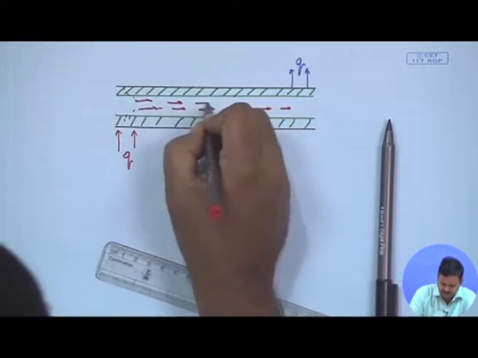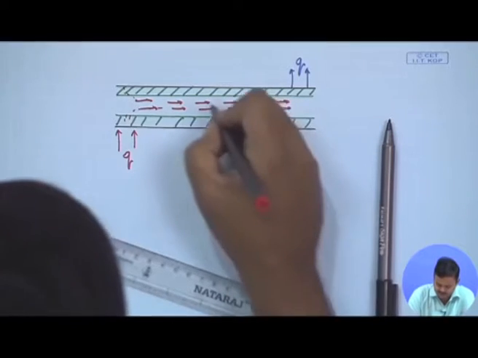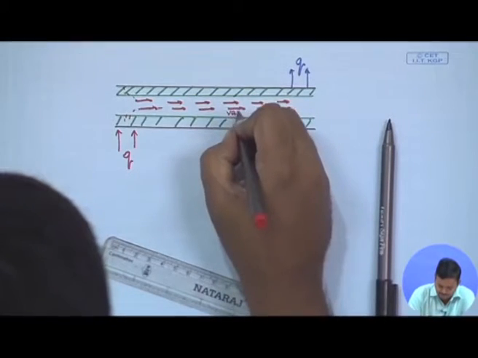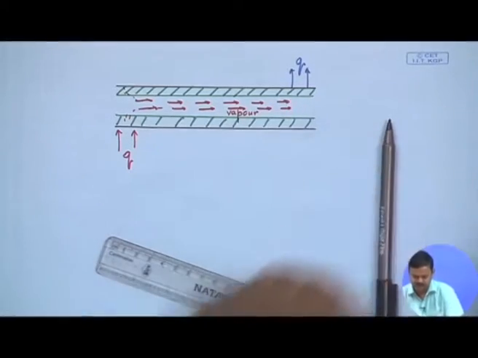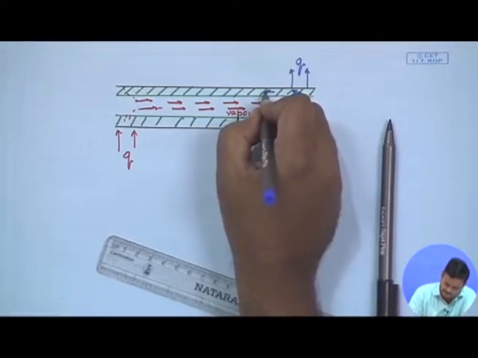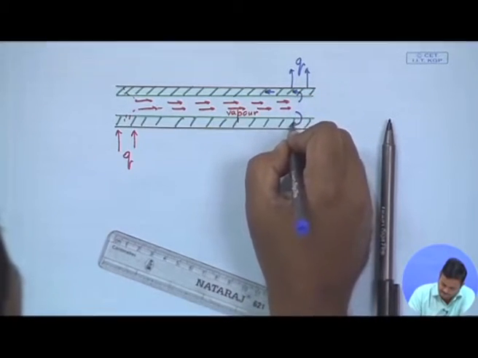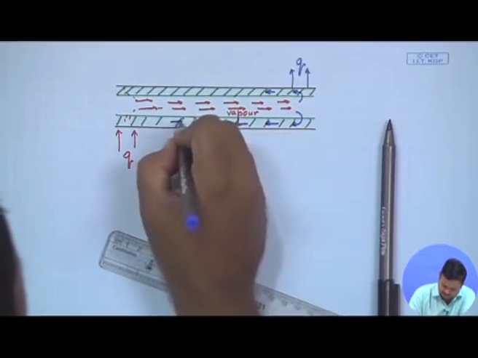We are assuming an axisymmetric geometry here. So, this is how the vapor is travelling, and then on the other end where it condenses, it comes back through the wick due to capillary action.